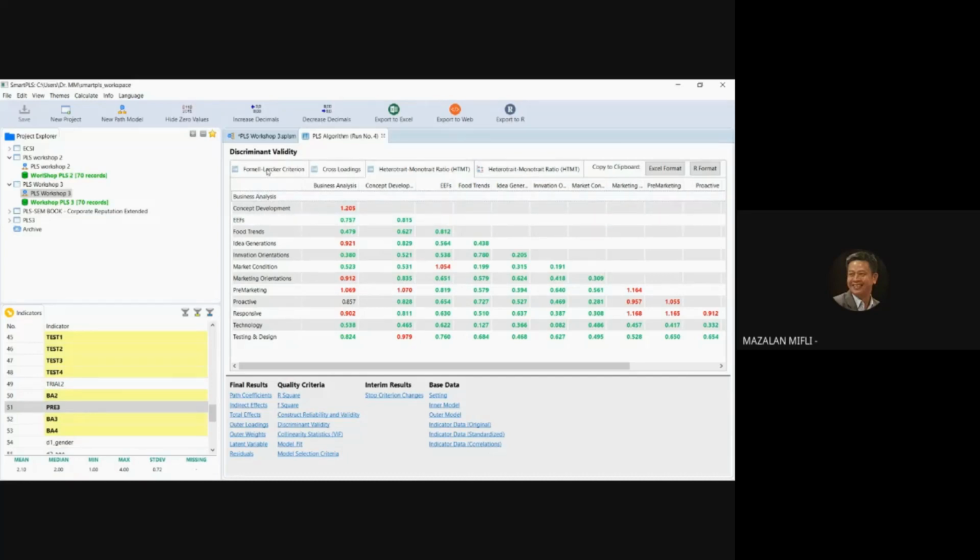I have no solution to that. But I already gave you the minimum threshold on the parameters, so ensure that your data are within the acceptable values. Then the final one: you can report the collinearity statistics.